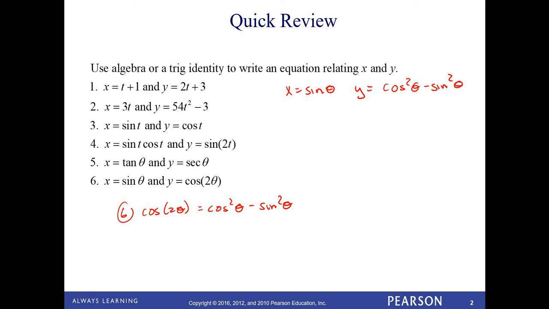Now I know that I can substitute x in for this, but the problem is, what am I going to put in for my cos squared? So I'm going to use another identity. Cos squared theta is 1 minus sine squared theta from our Pythagorean. So now I have 1 minus 2 sine squared theta, which is 1 minus 2x squared.